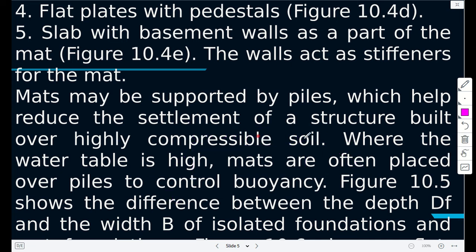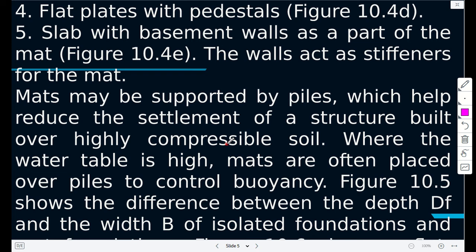So mats may be supported by piles, which help reduce the settlement of a structure built over highly compressible soil. We're going to talk about pile foundations much later. A mat foundation is suitable, like we've said, for weak soils, and piles are also good for weak soils.